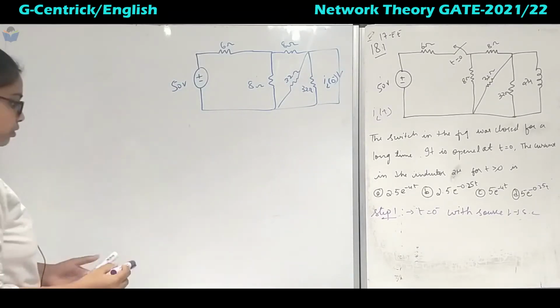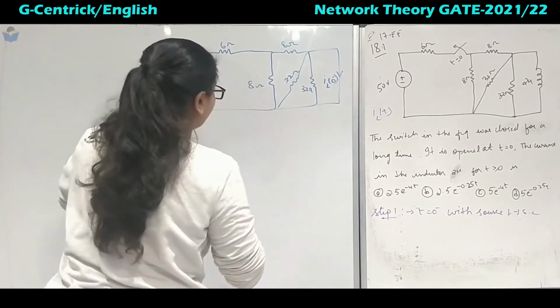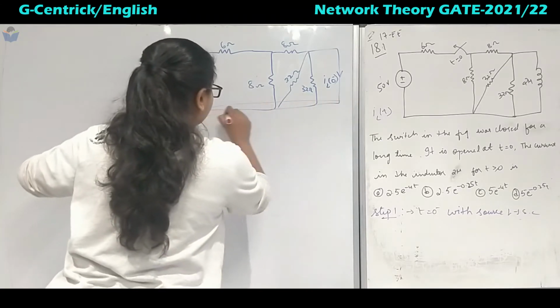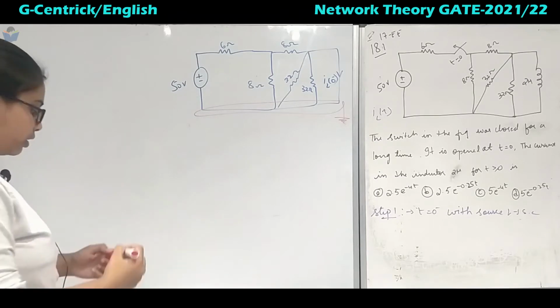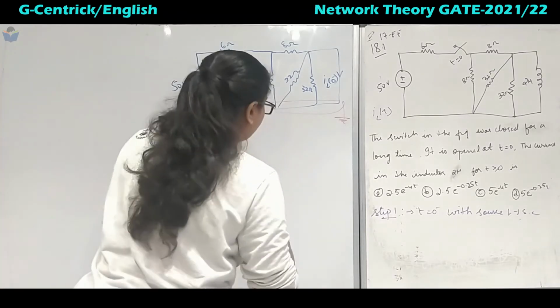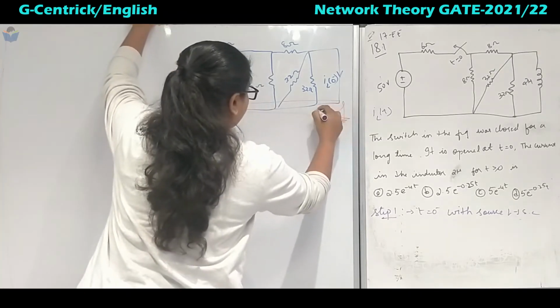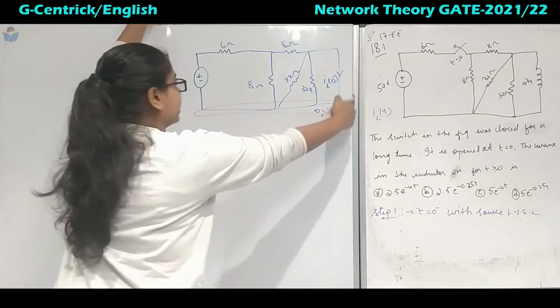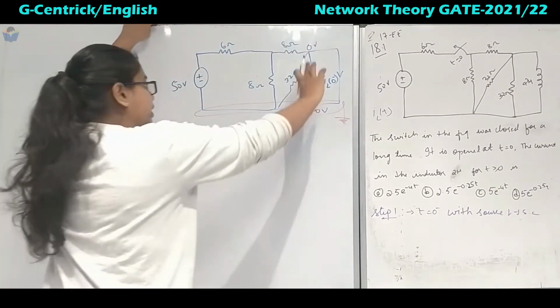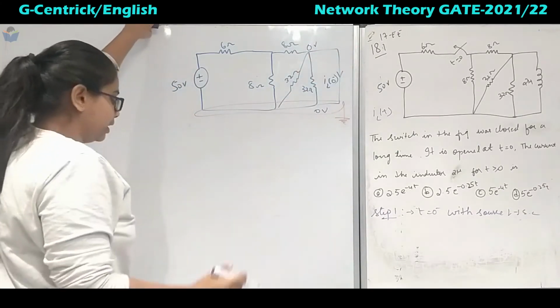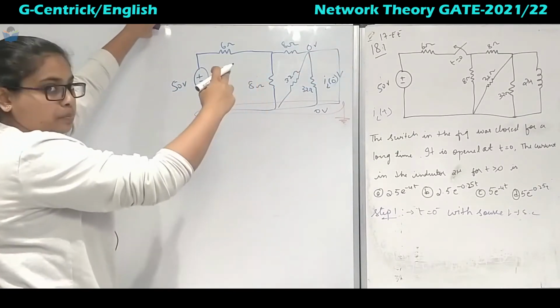Now if you see this one, this is the same node. When it is the same node, what will happen here? This is 0 volt. Now this is again the same potential, which is 0 volt. So when it is 0 volt, it will have irrelevant branches.